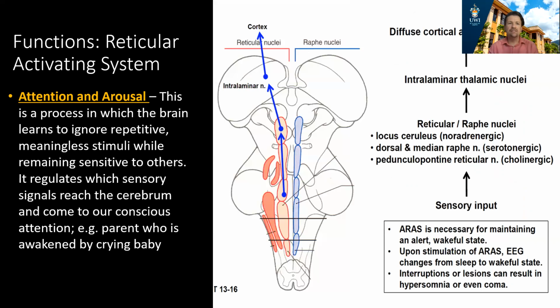And then finally, the function that the reticular formation is best known for, why we even talk about something called the reticular activating system, is attention, arousal, sleep, and consciousness. These projection neurons that we spoke about seem to be involved in sending signals up to the cortex and ensuring that we stay alert and also focus on particular things.